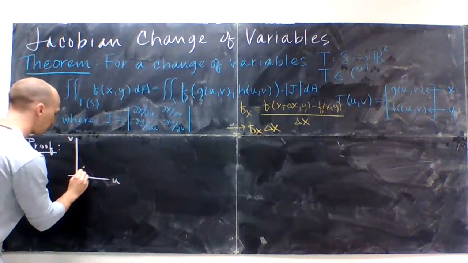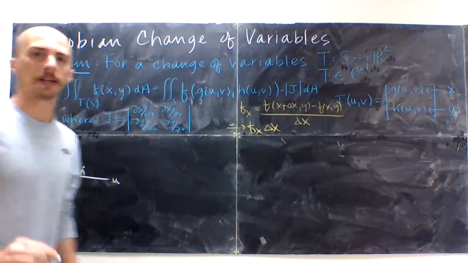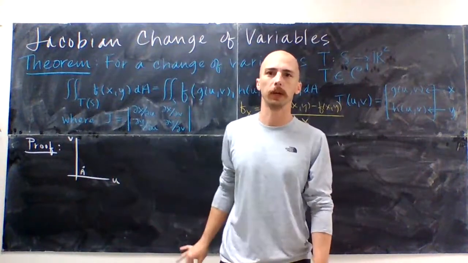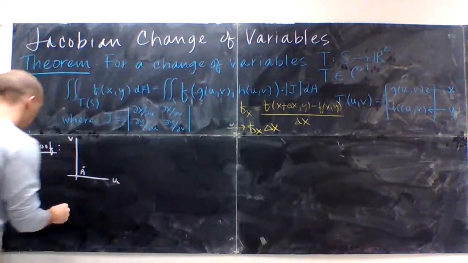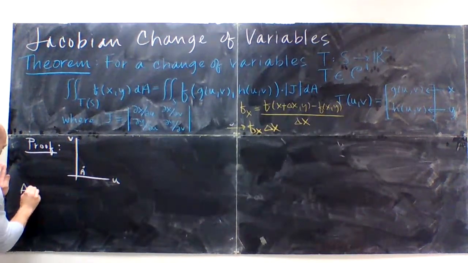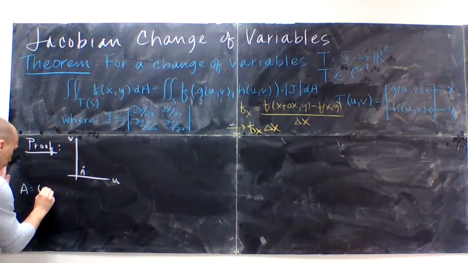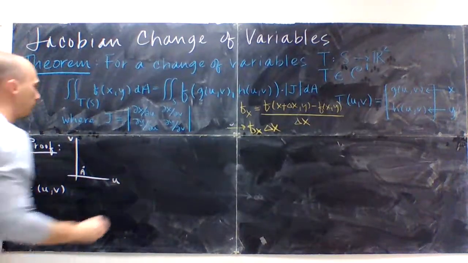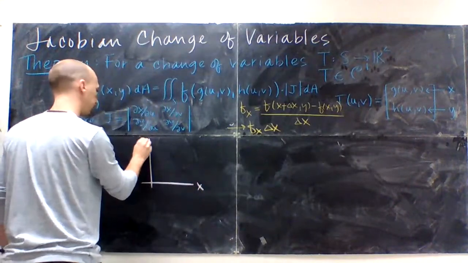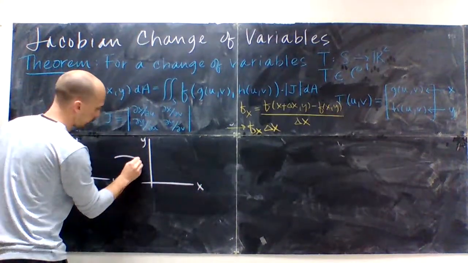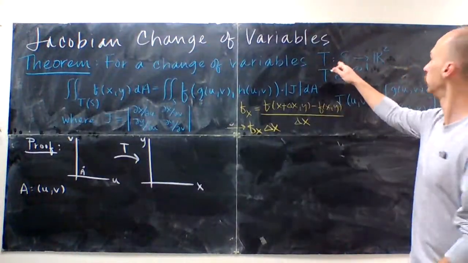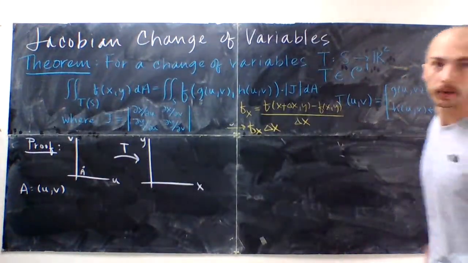Okay, so I've got this point A, and I'm going to be writing down a bunch of points and then listing down below facts about them. And so point A, I'm going to call that U and V. Then I'm going to go over here into X and Y world. This is what happens after I apply T. That's what T does: it takes U's and V's and gives you back X's and Y's.